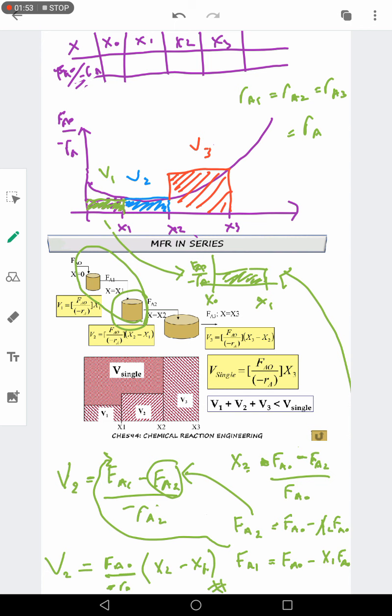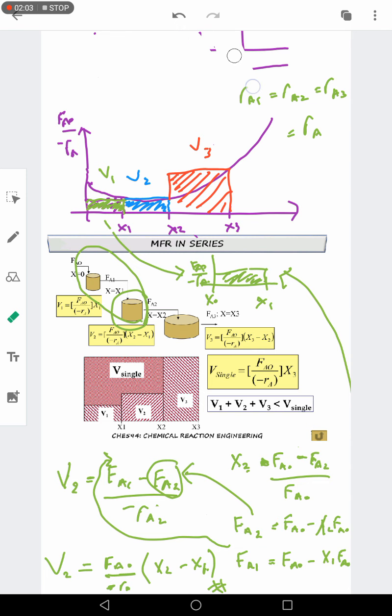So how do you calculate V3 then? Okay, saya padam dekat sini sikit. Dan saya padam sini juga.